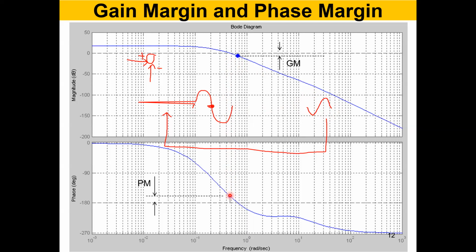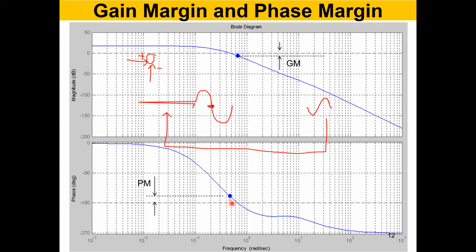So we can safely say that for that particular frequency, which is 0.4 to 0.5 radians per second, if there is additional phase lag, and this is the additional phase lag, if you introduce this additional phase lag, this point comes over here, exactly 180 degrees.